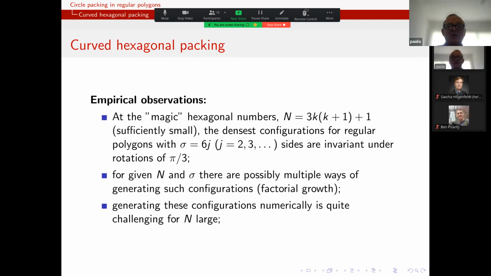But one of the things that impressed me when I was doing this is that there were some very nice configurations emerging from the numerical simulation. So I got my students involved and asked if they could help me.